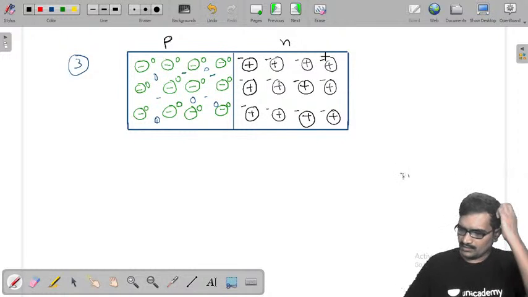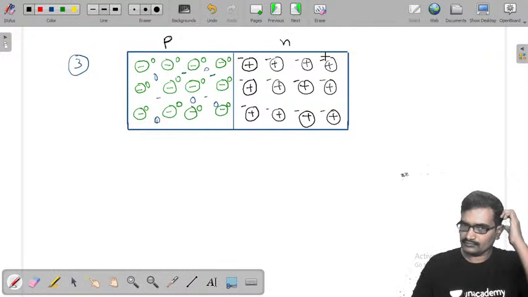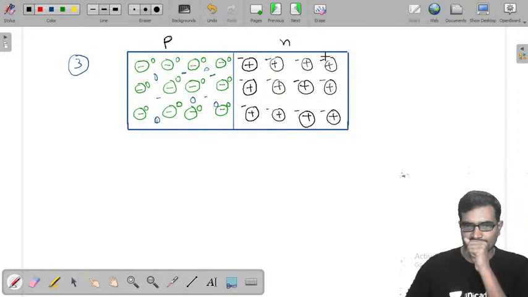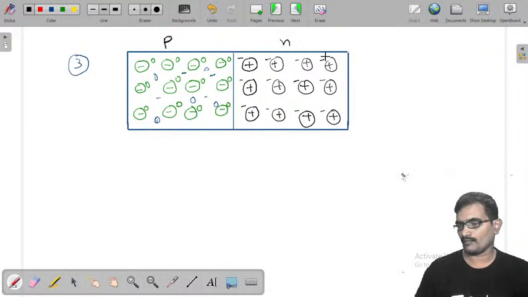Okay, now here at intrinsic condition, it has a few electrons and holes. So these are the holes it has, and these are the electrons it has.